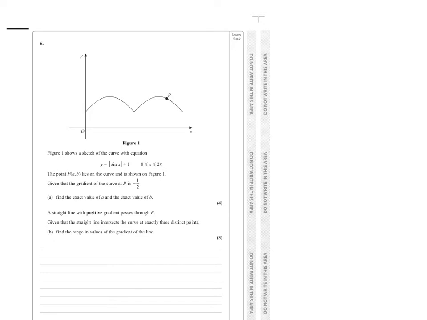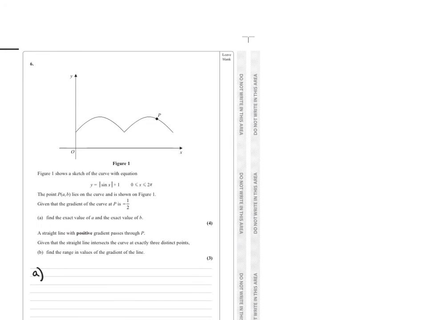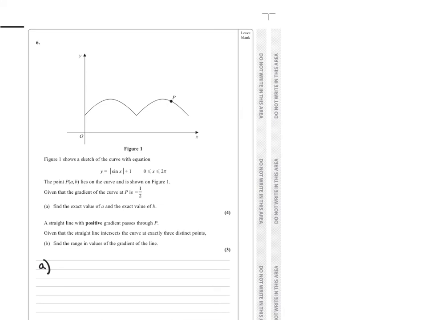So, for part a, what are we going to do? If we're looking at a gradient, we need to find the gradient function, which means we are going to differentiate, absolutely. Now, what we know about this graph, we've drawn the modulus of this graph.